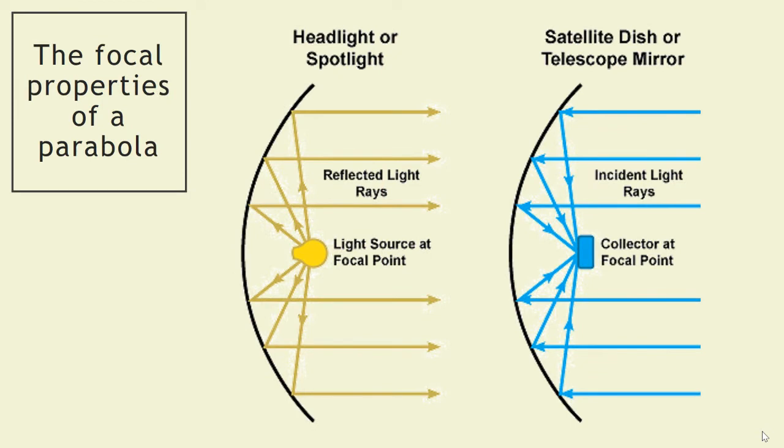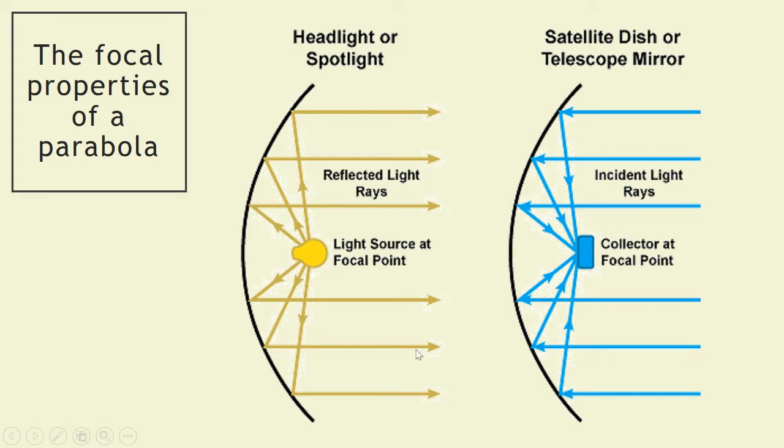Just start off with, have a look at the focal properties of a parabola. So if we have a headlight or a spotlight, say in a car headlamp, we have the light source, the bulb, at the focus of the parabola. As the light rays come out of the bulb, they hit the parabola and they come back so that they all head off beyond the mirror in parallel lines.